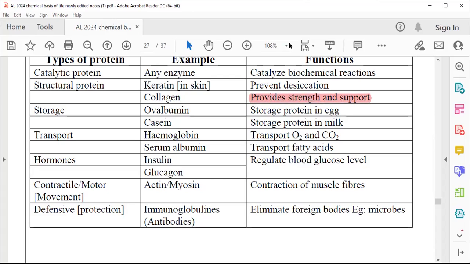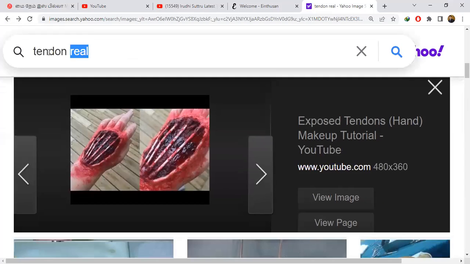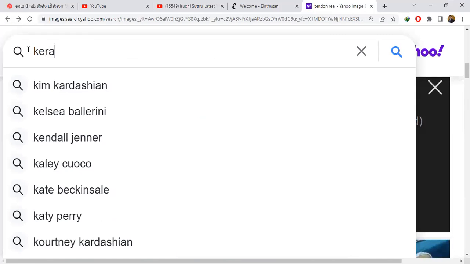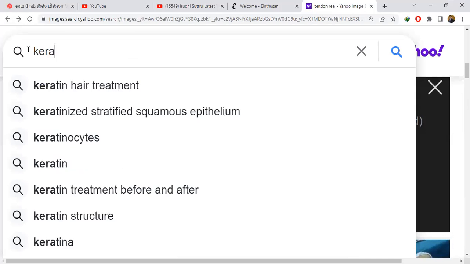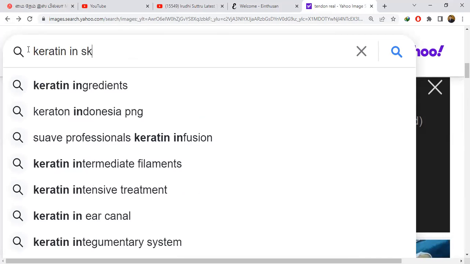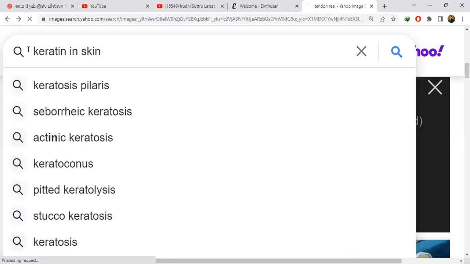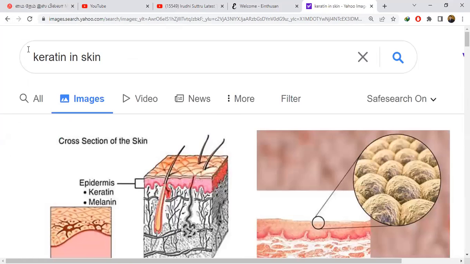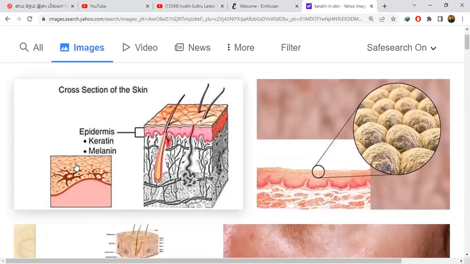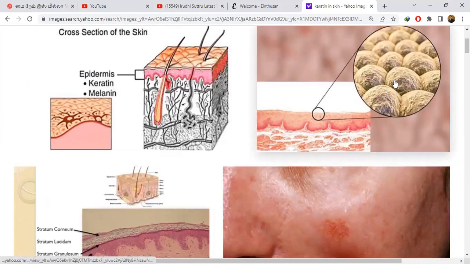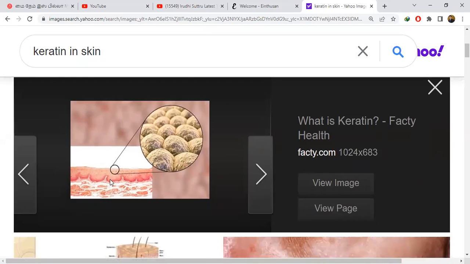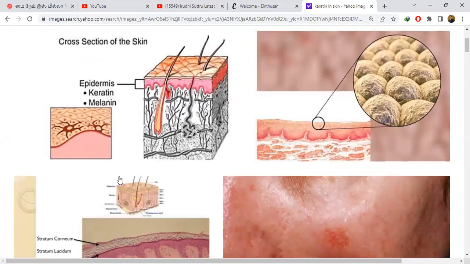Good. Keratin is present in our skin. In the top layer of our skin, there is this protein called keratin.